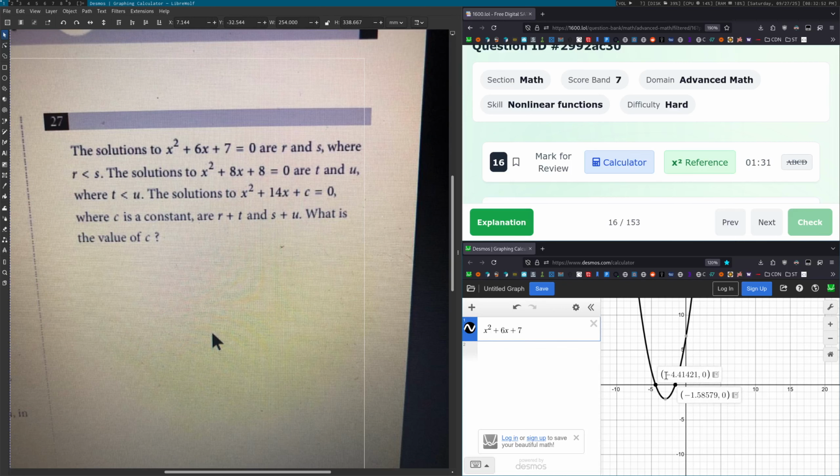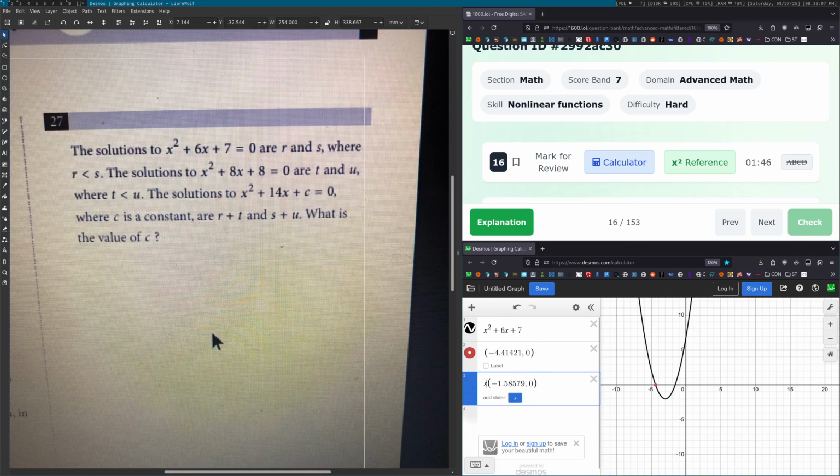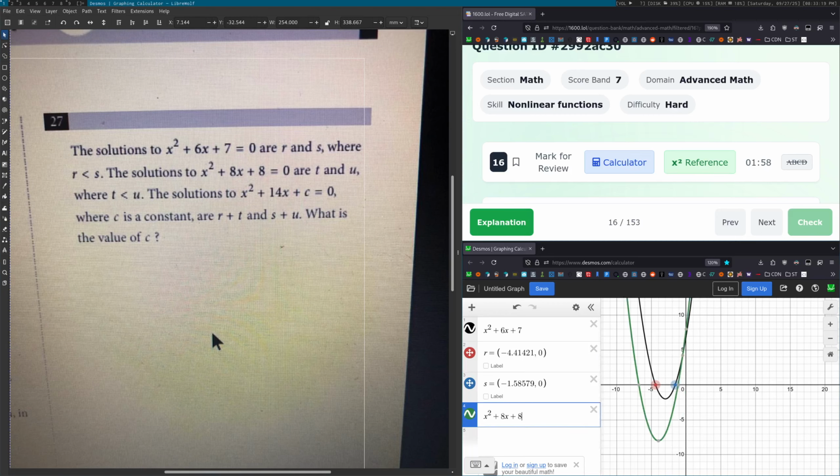We get these solutions, so I'm going to copy that here. And this other one, I'm going to copy that there. And remember, S is the bigger one, so this is S. We label that. And this is going to be R. The solutions to this one are x squared plus 8x plus 8.